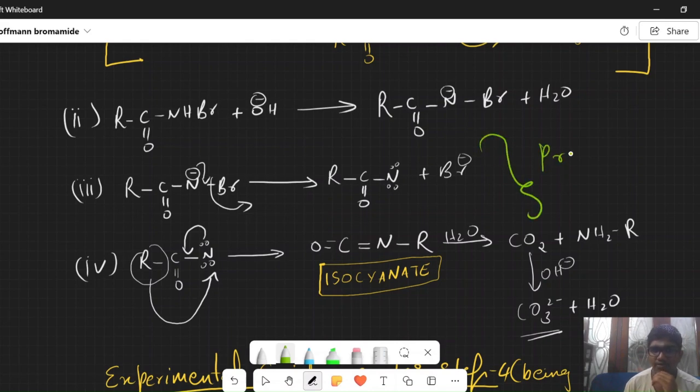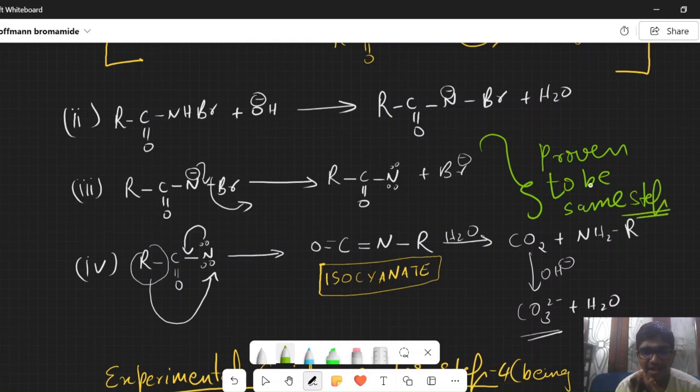Proven to be the same step. So it's a three-step mechanism, and it's an extremely interesting mechanism.